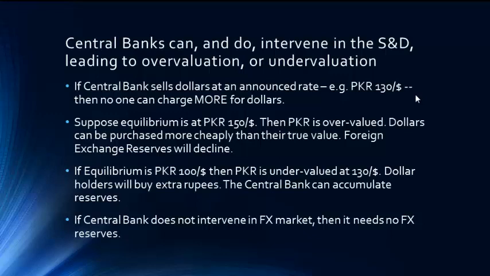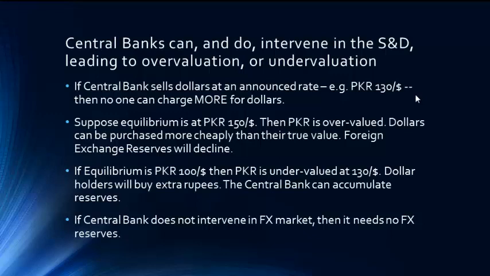If the market equilibrium is 150 and the rupee is selling at 130, then the rupee is currently overvalued, because the equilibrium price of the rupee for the dollar is less than what it's selling for. So if the central bank tries to stabilize at 130, then it will have to pump dollars into the market because the rupee is overvalued.